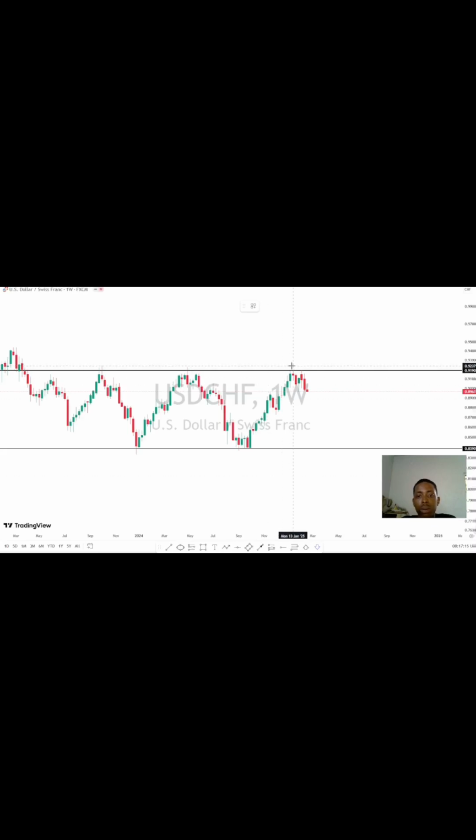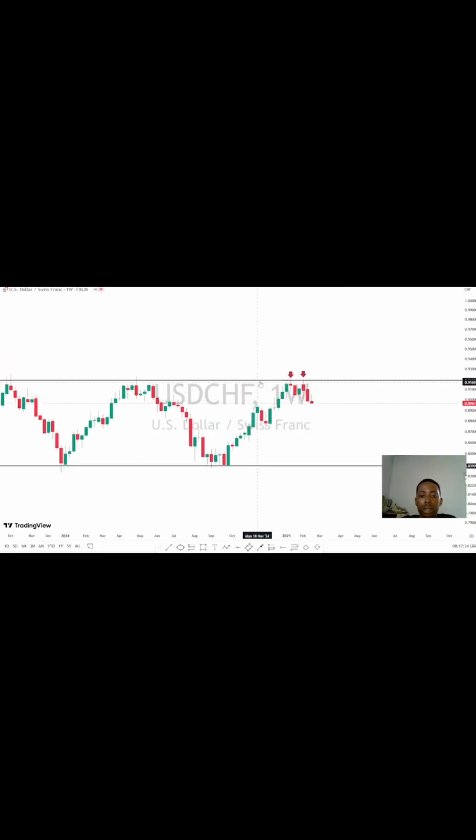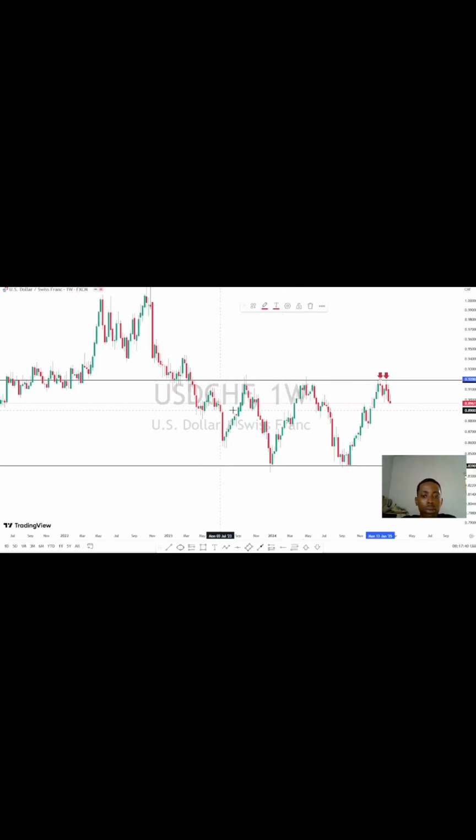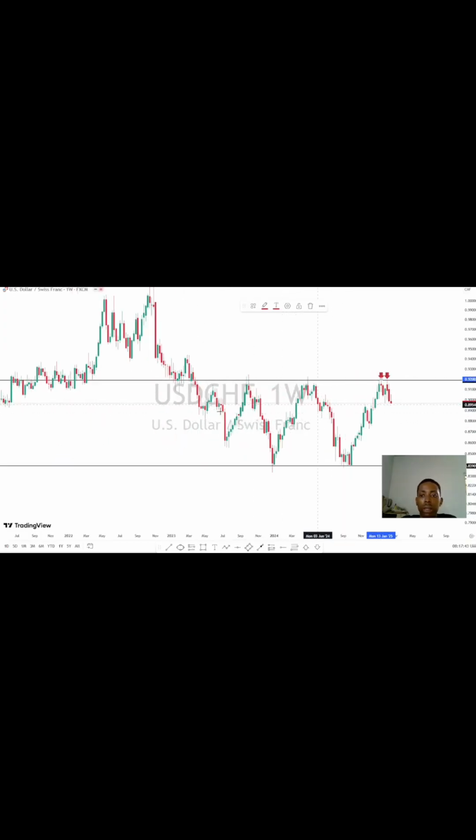This is a double top on the CHF. This is the first push, the first reversing signal, and this is the second reversing signal on USD/CHF.